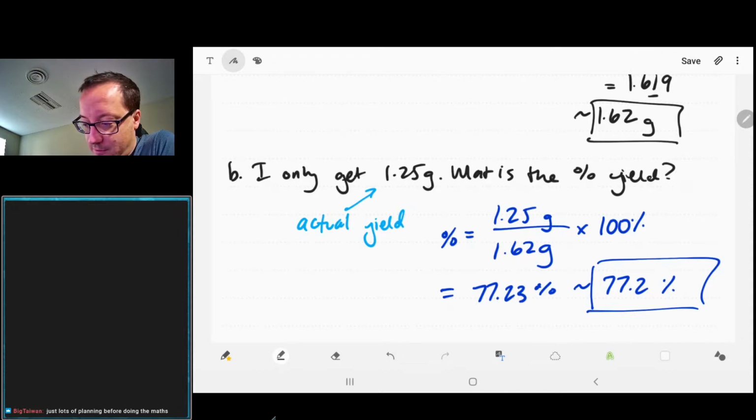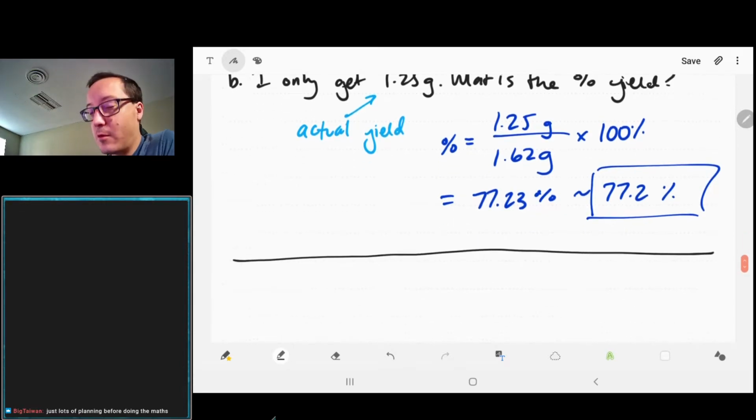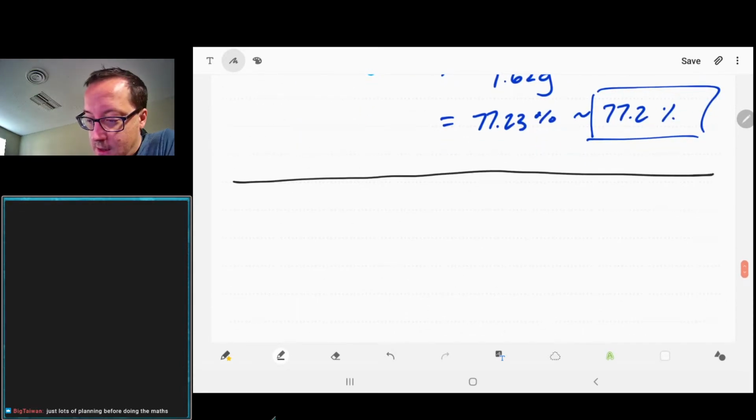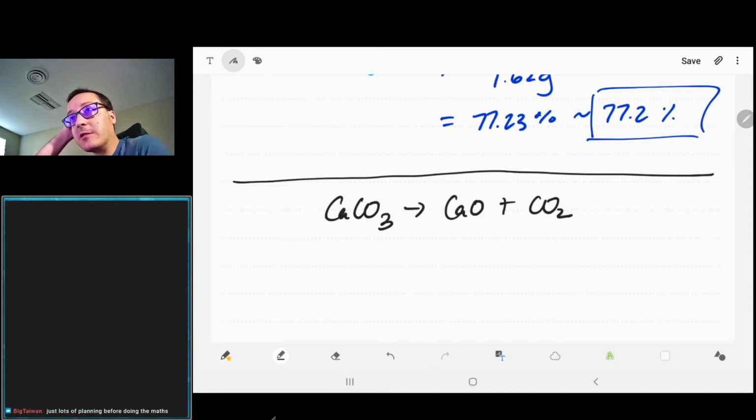Let's just do one more. Decomposition reaction this time. We'll put a little bit of heat into it.